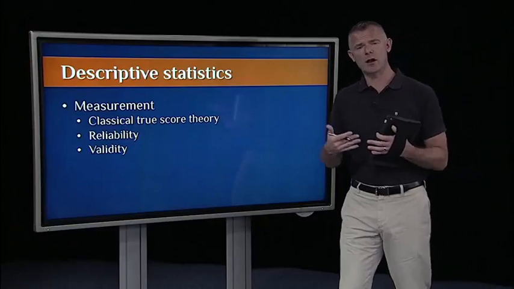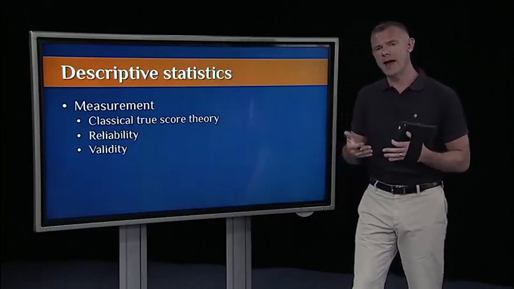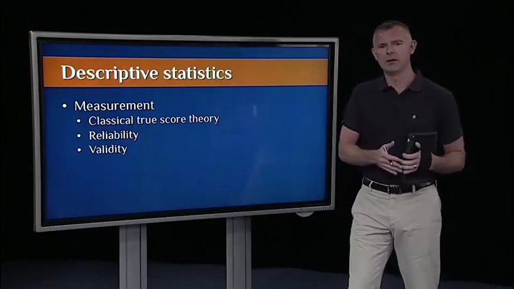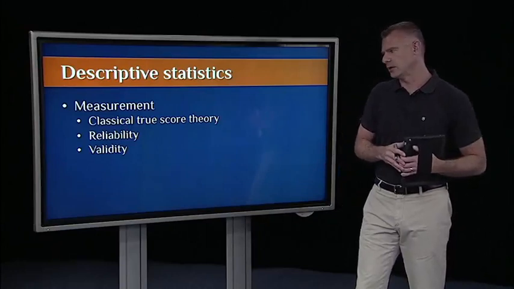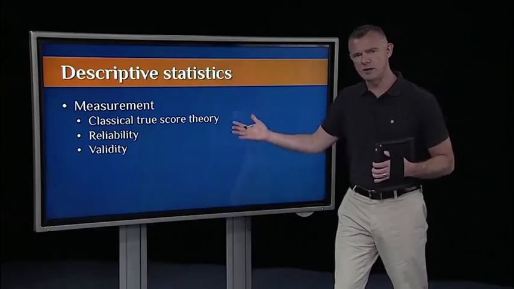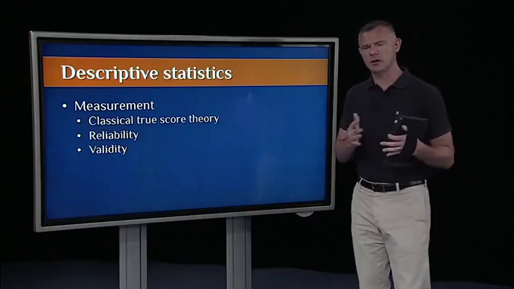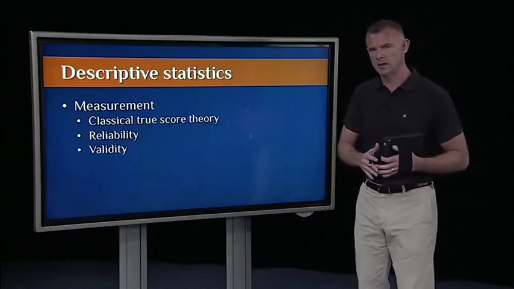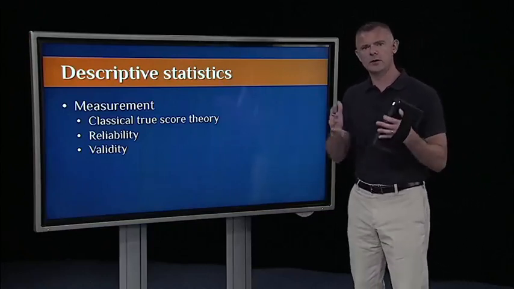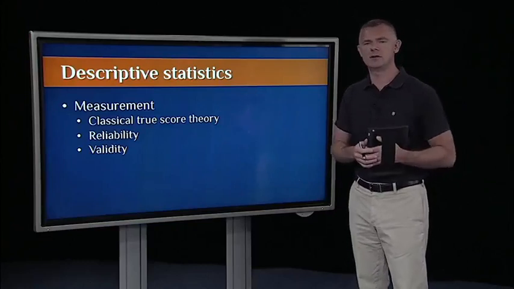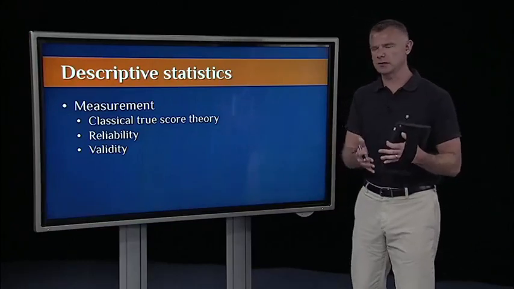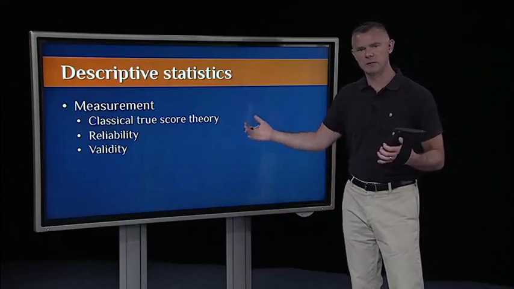So how reliable are your measures, and are they valid measures of the construct under investigation? So that's an important piece to understand, especially if you're looking at correlational data. So that's sort of the first part of the semester, was just descriptive statistics and correlation and measurement.